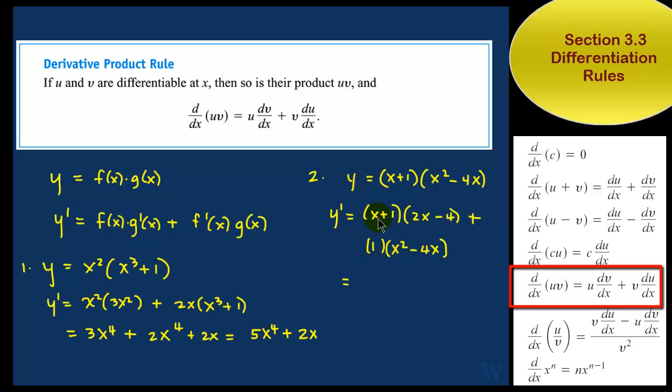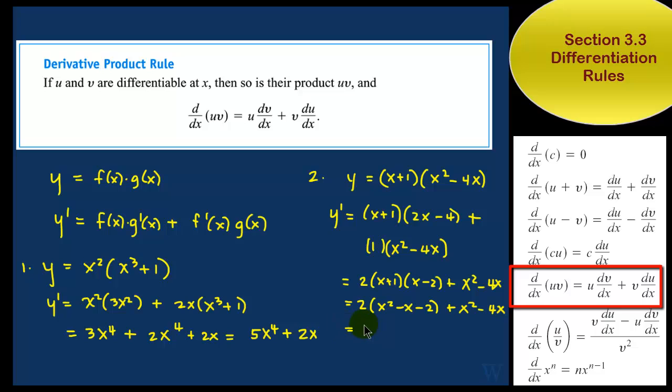And this can just be simplified once you expand x plus 1 times 2x minus 4. And here, notice that 2 is a common factor, so I can pull that out and say 2 times x plus 1 times, what's left here would be x minus 2 plus x squared minus 4x. And this is equal to 2 times the quantity x squared minus x minus 2 plus x squared minus 4x.